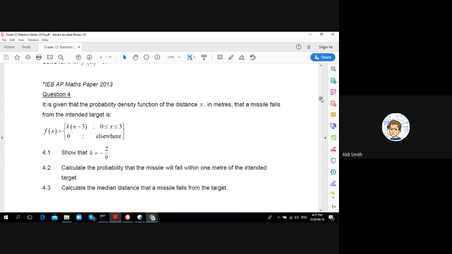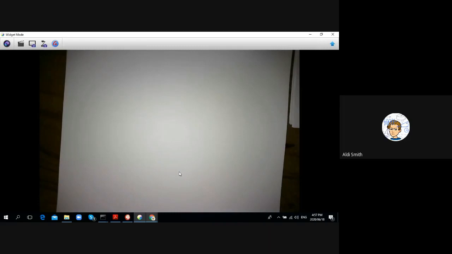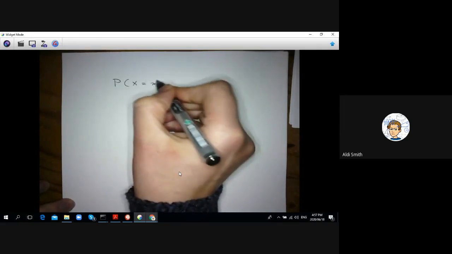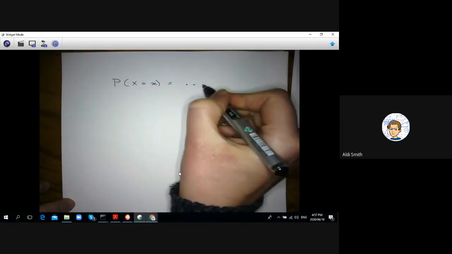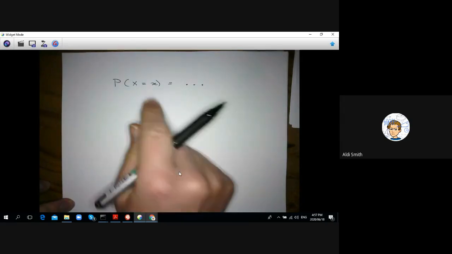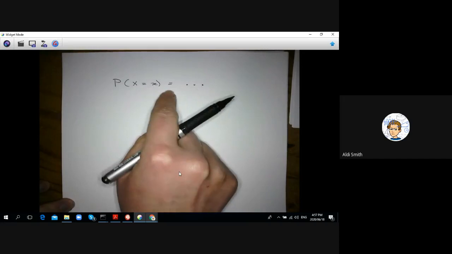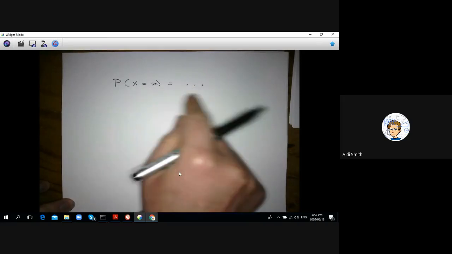So just to quickly remind you, you can even see it in the notation. If it goes the probability that x is equal to x equals blah, blah, blah, that can only be a probability mass function because it tells you the probability is the function.